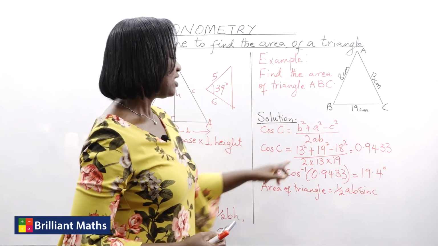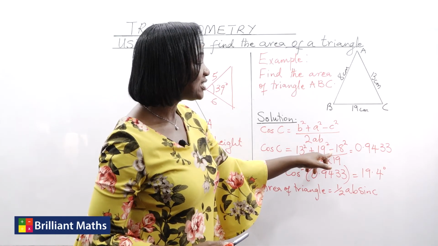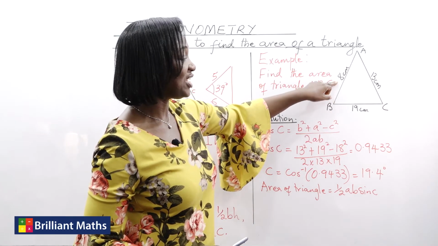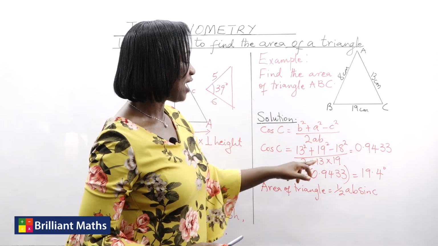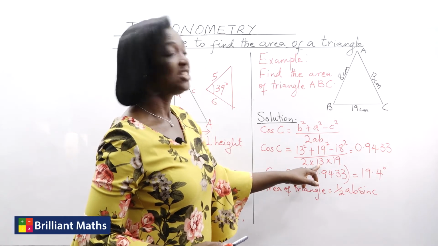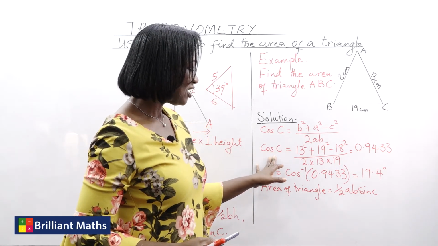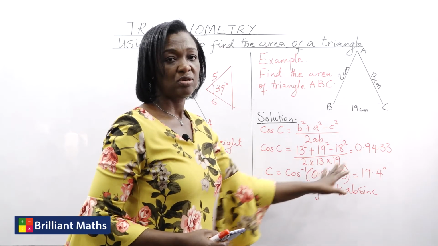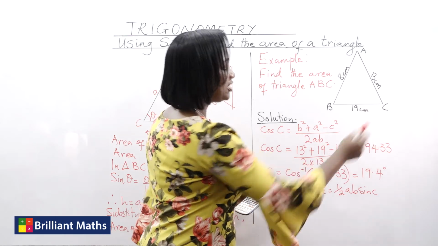So it's 13 squared plus 19 squared minus 18 squared, because that's our c, all over 2 times ab, 13 times 19. So cos C is equal to this ratio.